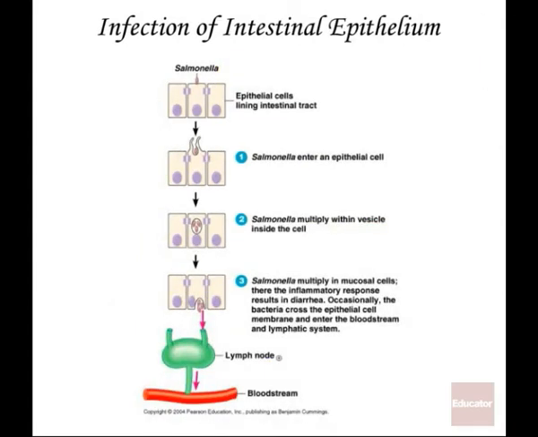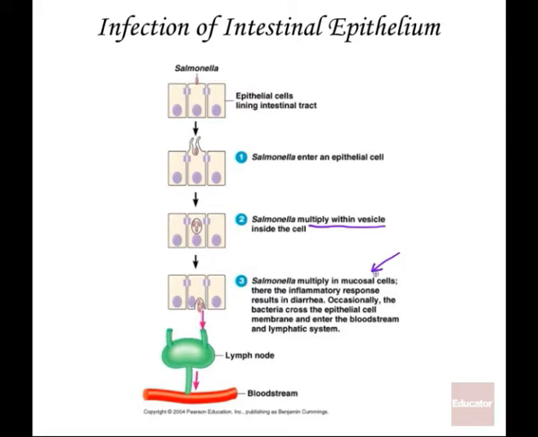Now, Salmonella is a little different. Salmonella, through endocytosis, is engulfed into the cell, and the Salmonella multiply within the vesicle that contains the Salmonella. In particular, the Salmonella multiplies in mucosal cells, and those mucosal cells elicit an inflammatory response.